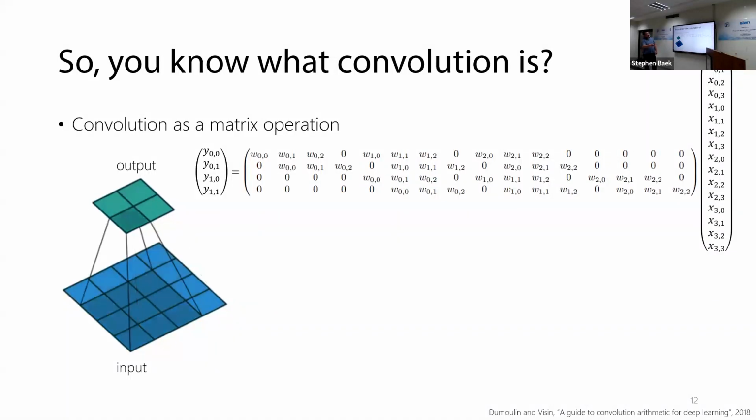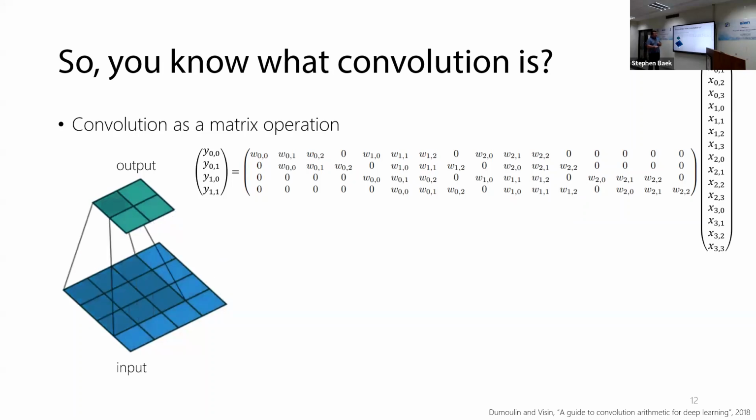That process, written in a simple representation here, has the input pixels x00, x01, x02, x03, x10, x11, x12, x13, and so on. Basically this 4x4 pixel input image we flatten into a long vector for the purpose of illustrating what's going on. The weights of this 3x3 convolution kernel are represented as W00, W01, W02, W10, W11, W12, W20, W21, W22.